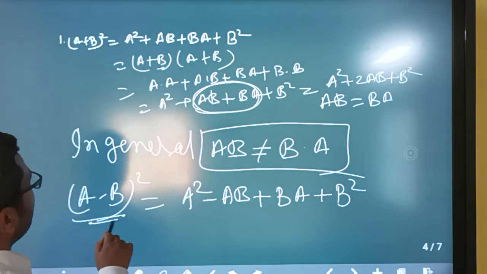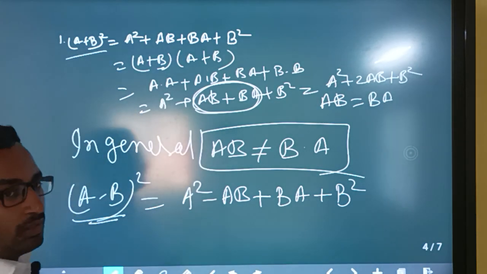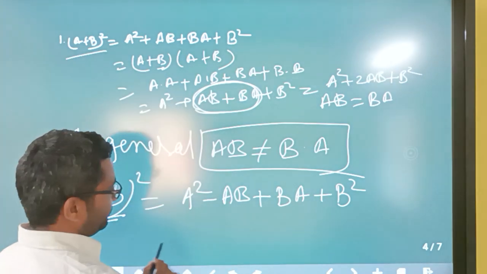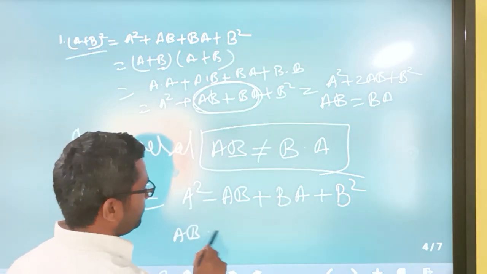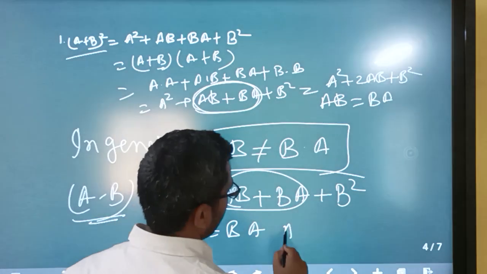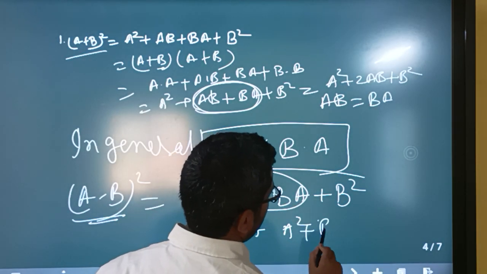That is similar to A plus B whole squared, and in case AB equals BA, the value is A squared minus 2AB plus B squared.